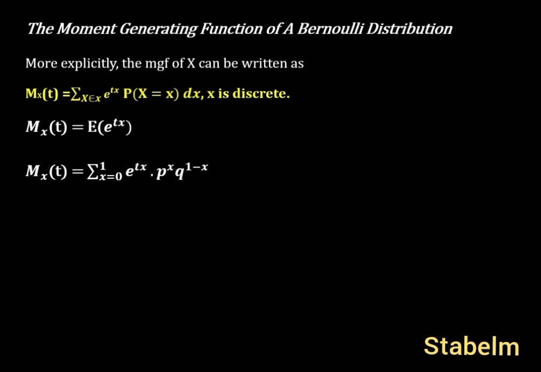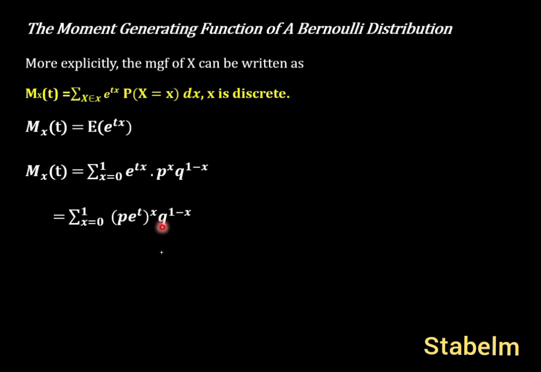And as we know, X can only take two values, 0 and 1, and that is why x runs from 0 to 1. So we substitute the values of x into this equation.